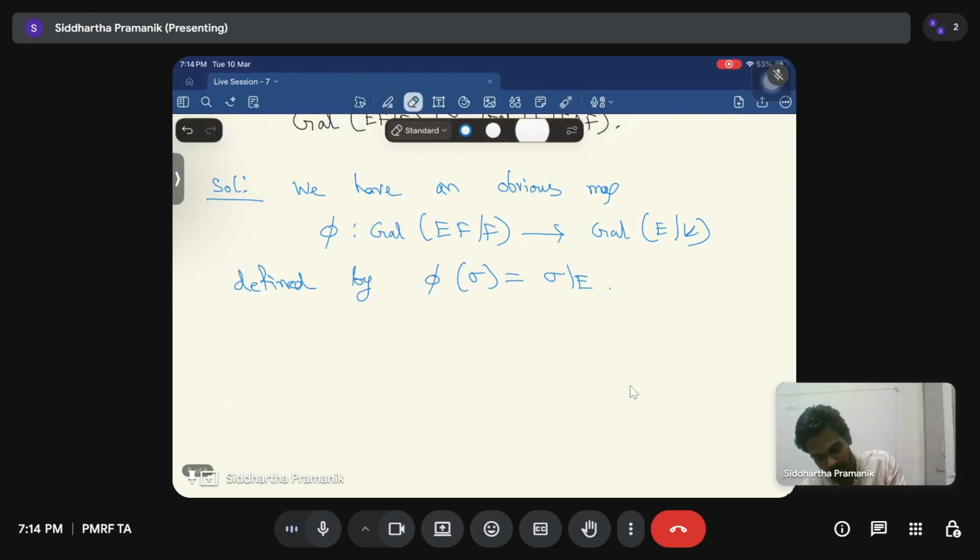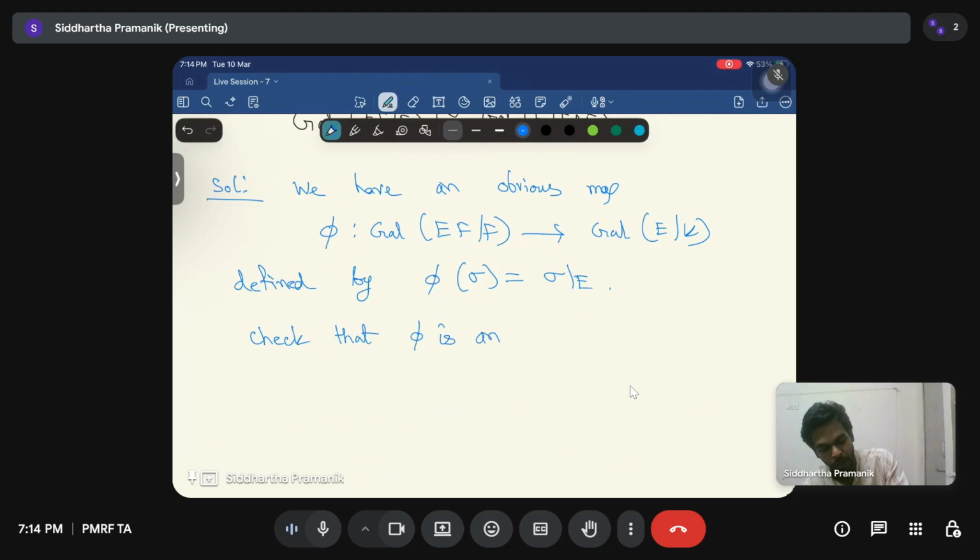Now check that phi is a 1-1 group homomorphism. So that part is easy. Right? But what is the image of phi?